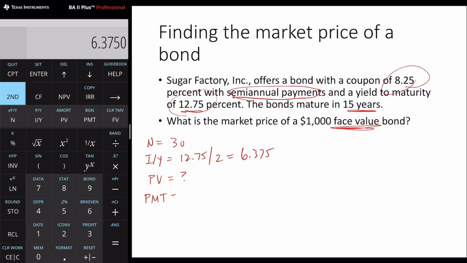The payment refers to the coupon payment. Now, we're given the coupon rate, which is 8.25%. So how do we find the coupon payment given the coupon rate? Well, the rate refers to the amount that they pay, the rate on the face value. So being given the face value of $1,000, the coupon payment is going to be 8.25% of that $1,000.